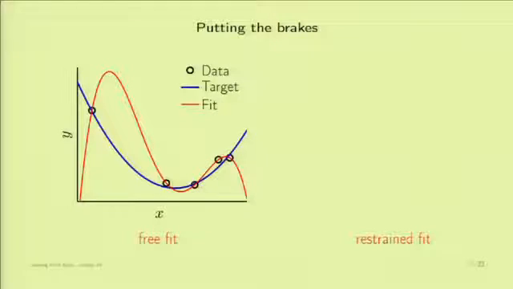The reason I'm showing this is that it's fairly dramatic. You will think that this curve is so incredibly bad that you really need to do something dramatic in order to avoid that. But here what I'm going to do is just make you fit, and I'm actually going to make you fit using a fourth order polynomial. I give you that privilege. But I'm going to prevent you from fitting the points perfectly. I'm going to put some friction in it, such that you cannot get exactly to the points.